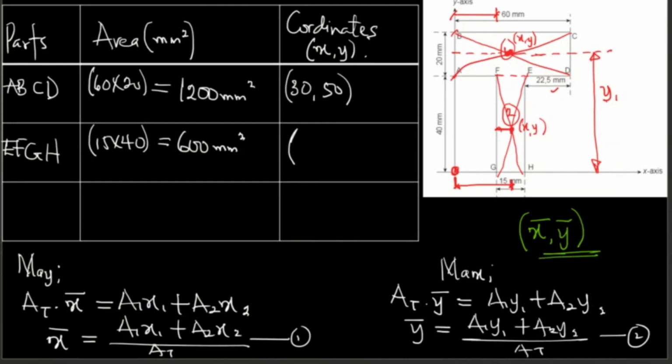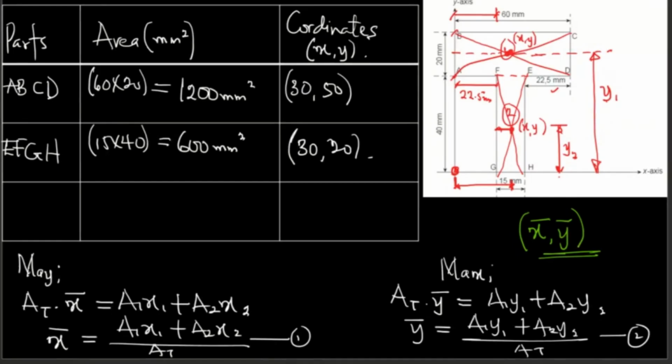You can see this is also 22.5. So it's 22.5 plus 7.5, which is 30. So my x is 30 and my y is that distance to the middle there, 20.